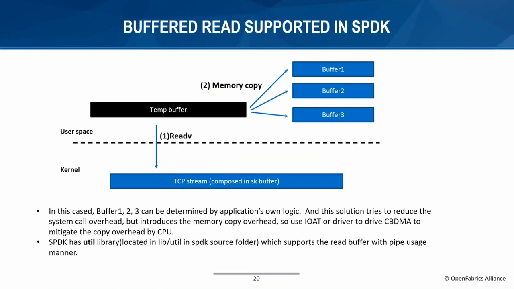In SPDK, we implement a pipe library in the SPDK utility library. Then we can use a temp buffer, a very big temp buffer, for example 8K or 16K, to read the data from the kernel with one system call.